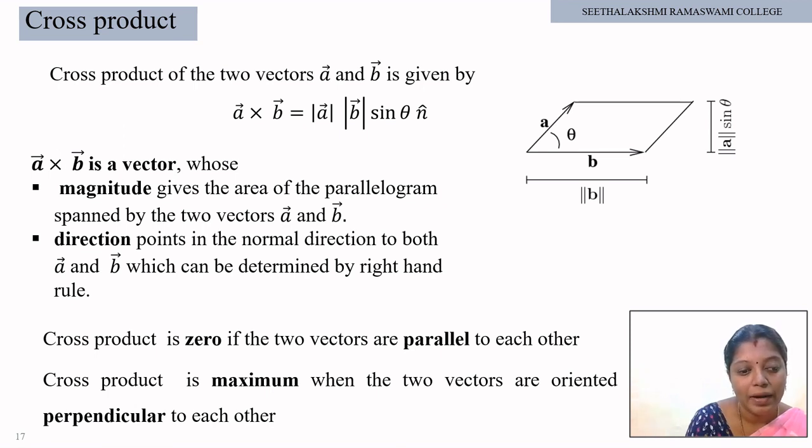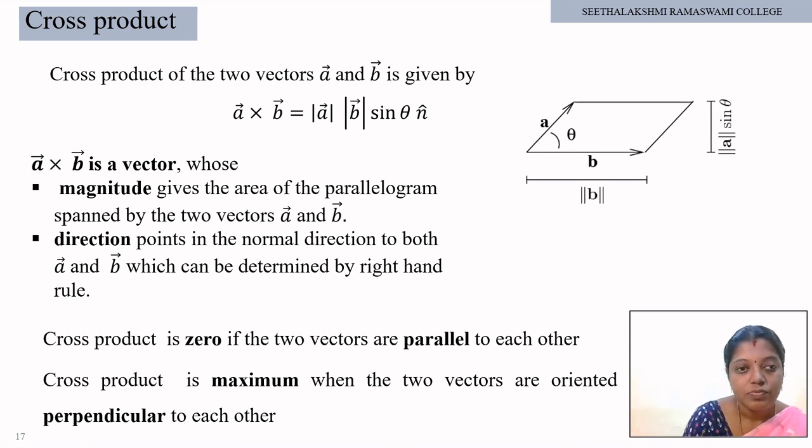So this would be the parallelogram formed by a and b. This area is given by the cross product. And the direction is obviously perpendicular to both a and b, that is, the normal drawn to the plane containing the a vector and the b vector.